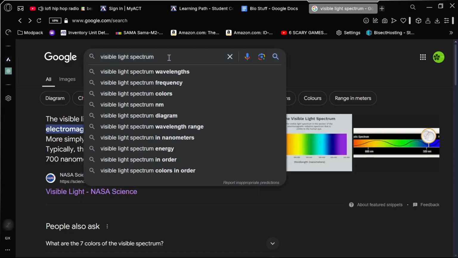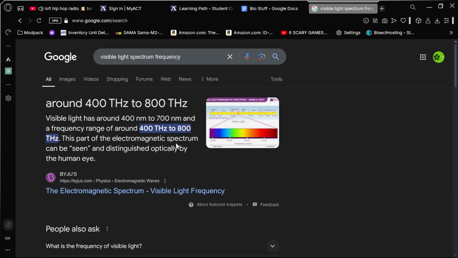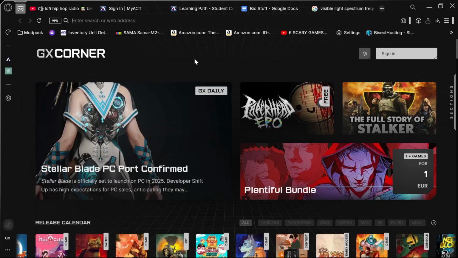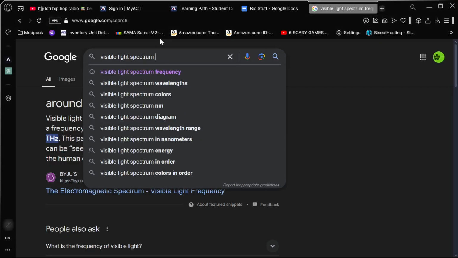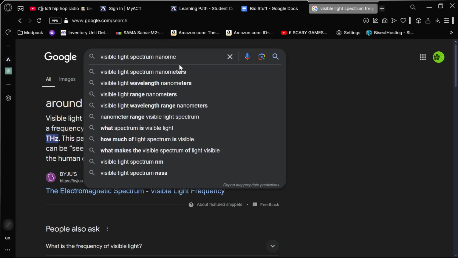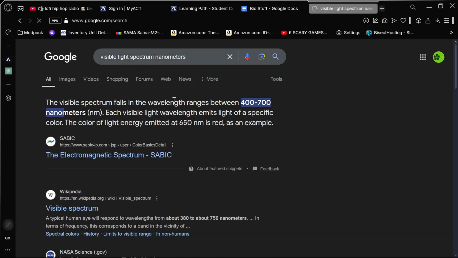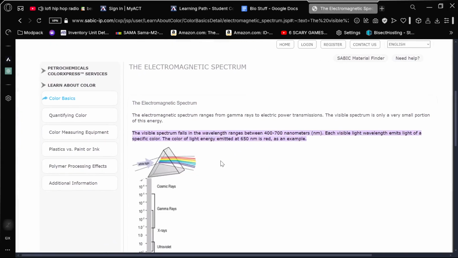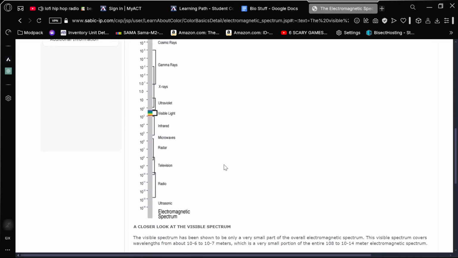I believe it was visible light spectrum. Let's look at the frequency because that's what we need. Should have had this done before.